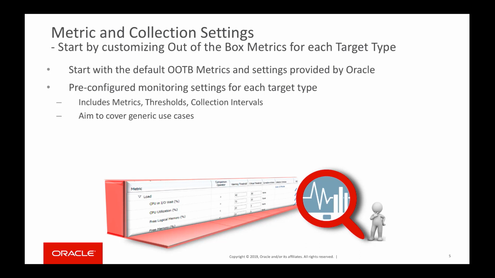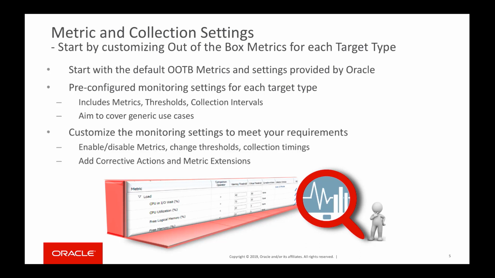On the other hand, the out-of-the-box monitoring settings are aimed to cover generic use cases. So while this is a good place to start, the configurations are very high level. Tuning or customizing the settings is usually required in order to satisfy your corporate standard in most cases.